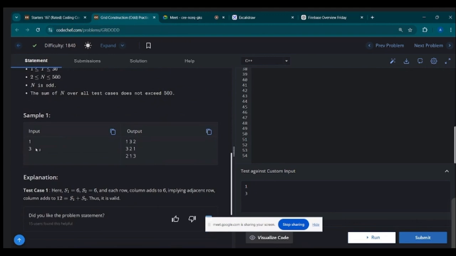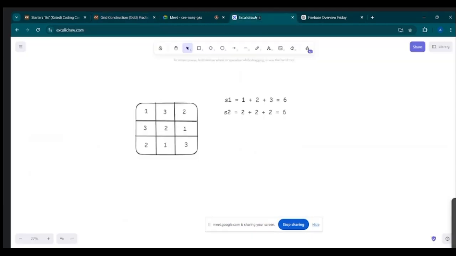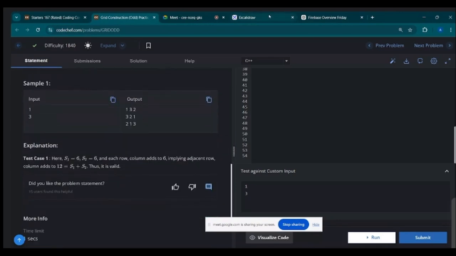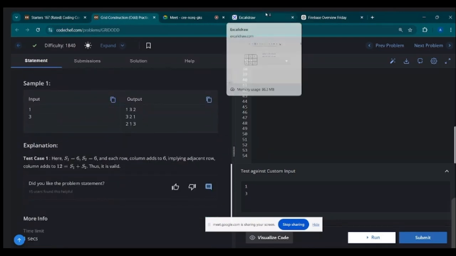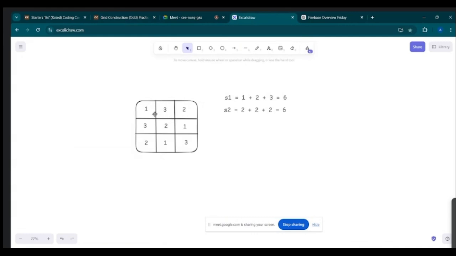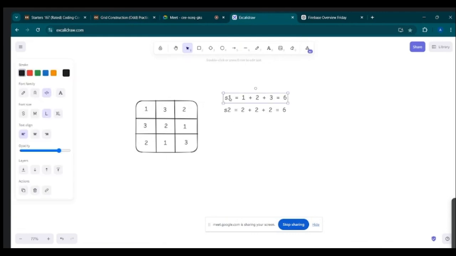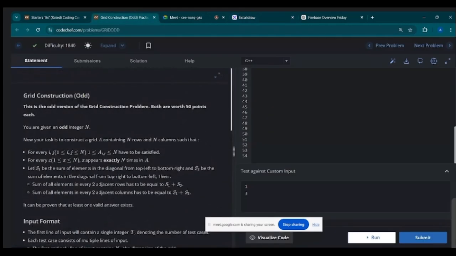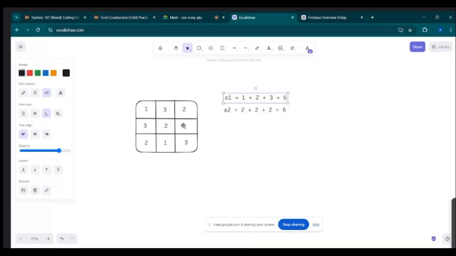Let's take an example for this test case. The top left to bottom right diagonal is 1 plus 2 plus 3, which is equal to 6, that is S1.